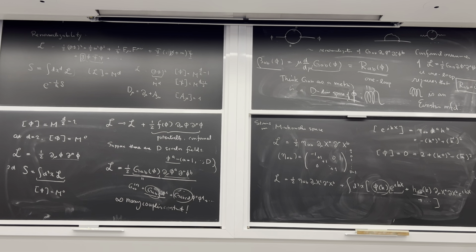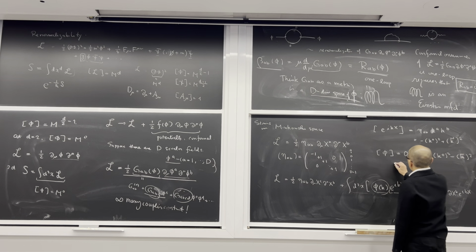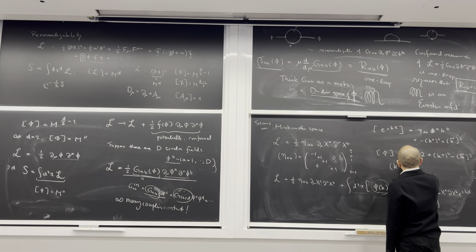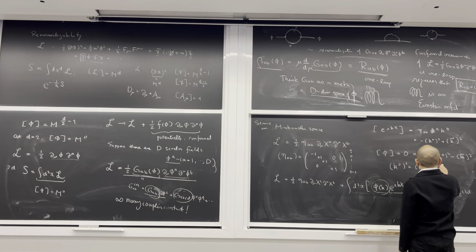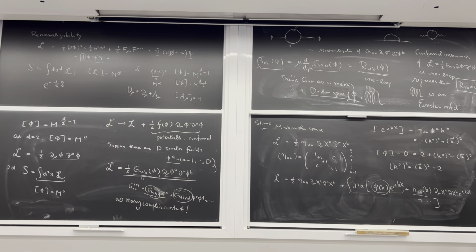So let's see if I'm doing this correctly. Yes. So this means that k0 square is equal to k square minus 2. So this indeed shows that it's tachyon.